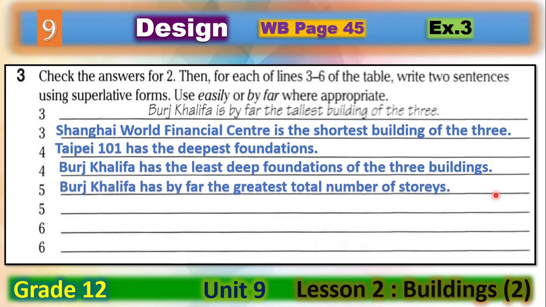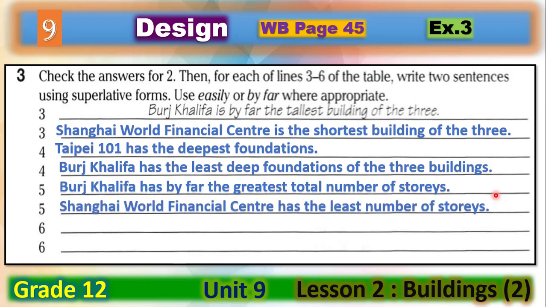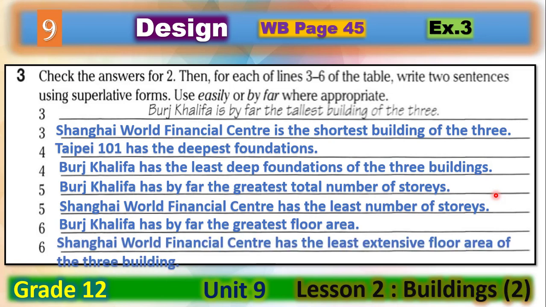Burj Khalifa has by far the greatest total number of stories. Shanghai World Financial Center has the least number of stories. Burj Khalifa has by far the greatest floor area, and the Shanghai World Financial Center has the least extensive floor area of the three buildings.